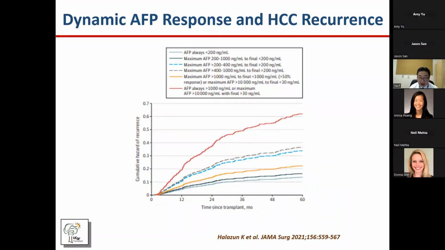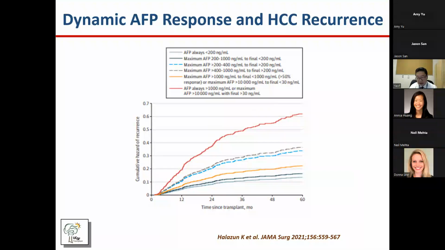The highest rate of recurrence was seen in patients with persistently very high AFP, over 1,000, and those with moderately elevated AFP, over 200 or 400 but under 1,000, or who stay elevated above 200, had moderate risk of tumor recurrence. Those with persistently low AFP less than 200, or more dramatic reduction in AFP from over 1,000 to at least 200, had much lower rate of HCC recurrence.